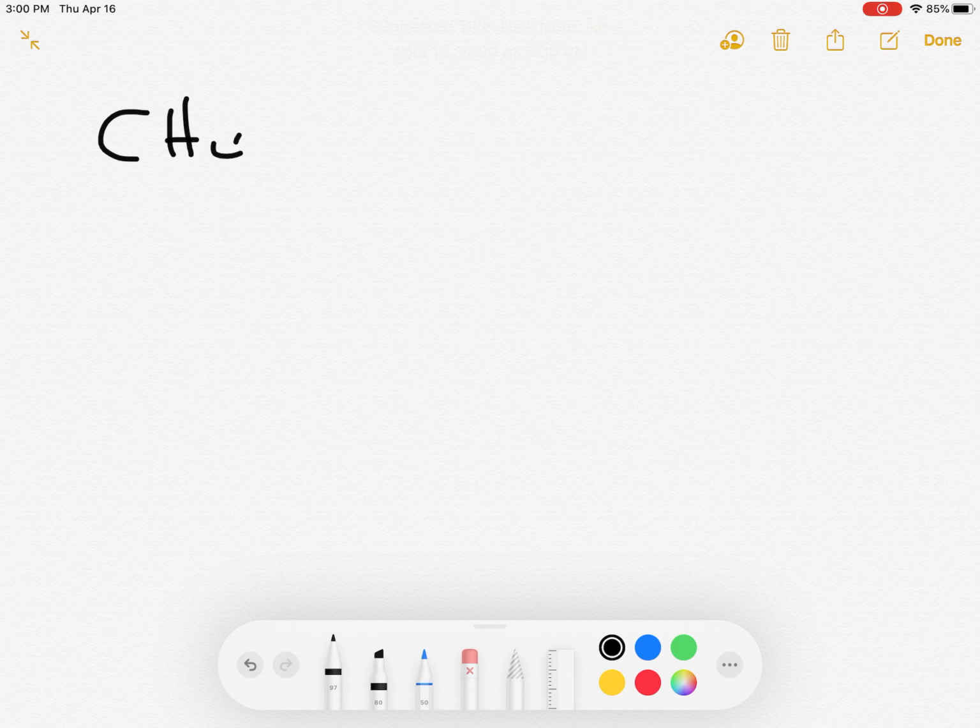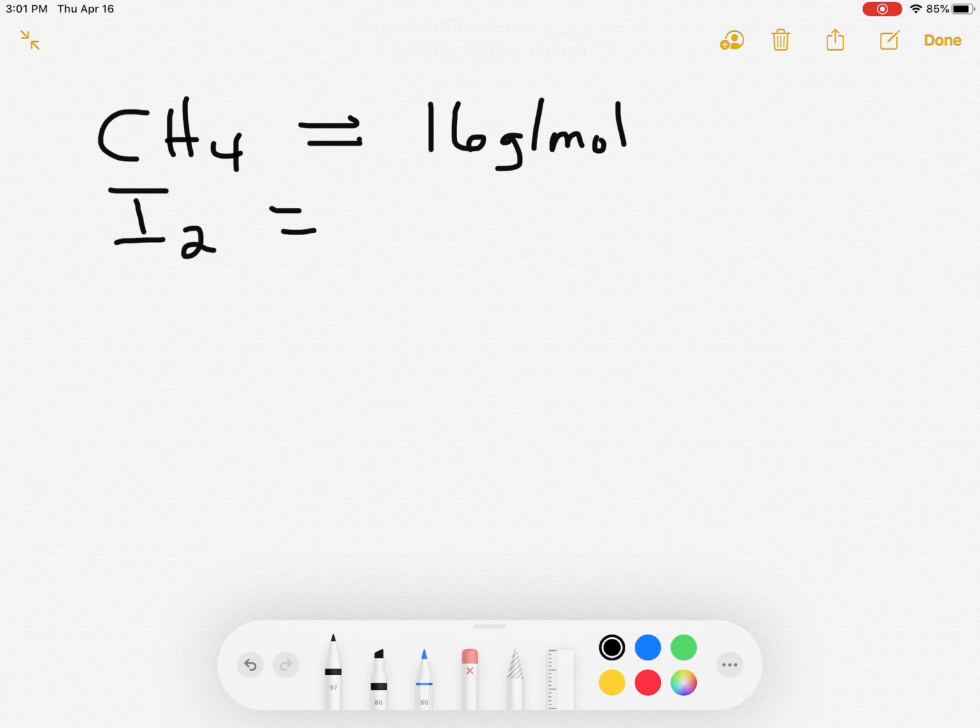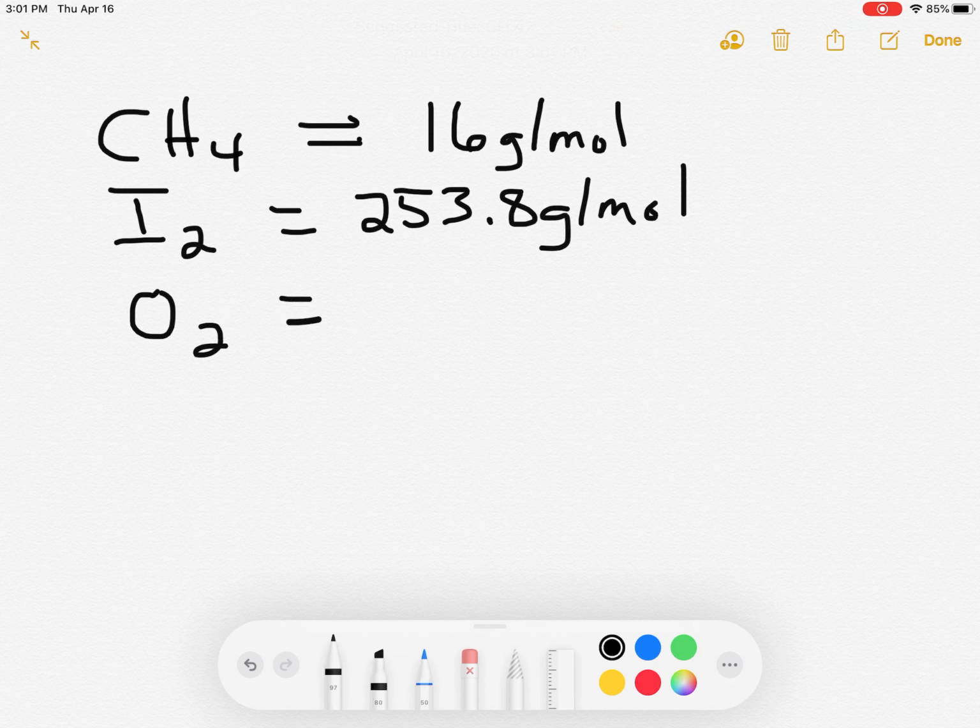CH4 is our first one. Carbon weighs 12. Hydrogen weighs 1, and we have 4 of them. So we would get a total of 16 grams per mole. So that's the molar mass. Okay, iodine, we would have 253.8 grams per mole. Oxygen, there's 32 grams per mole.